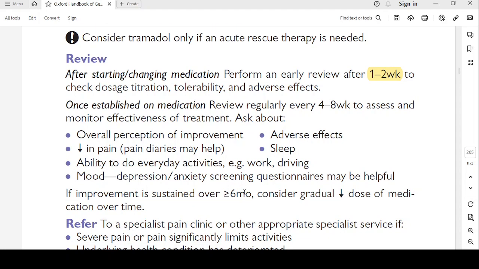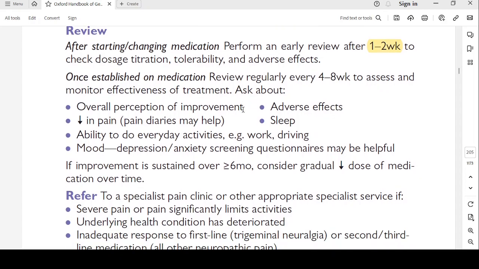Review. So after you prescribe these patients with these medicines for pain, review after starting or changing a medication. Perform an early review at 1 to 2 weeks to check the dose titration, tolerability and adverse effects. Once established on a particular dose of medication, review regularly at 4 to 8 weeks to assess and monitor effectiveness of the treatment.